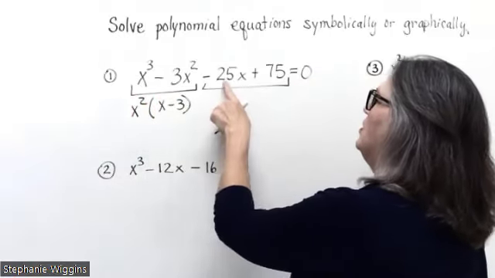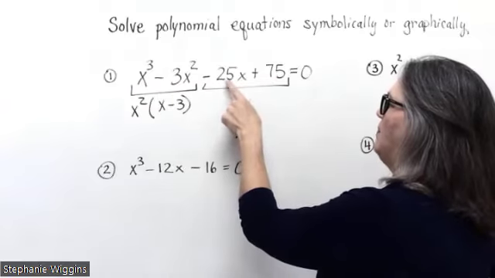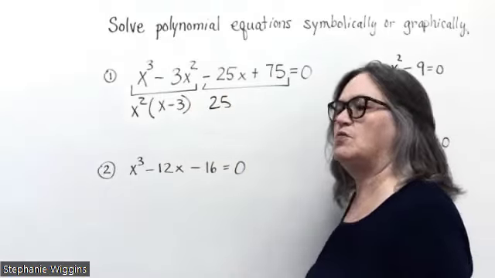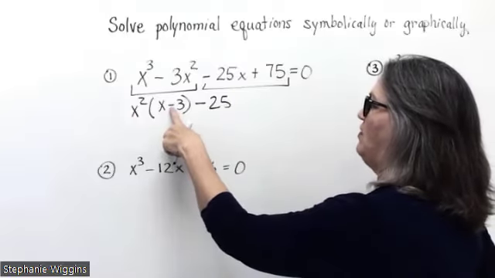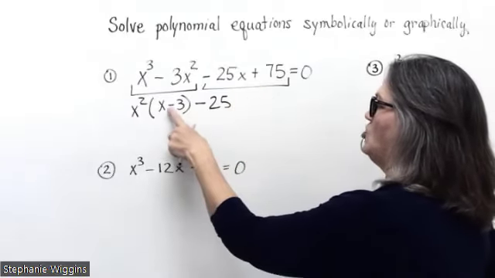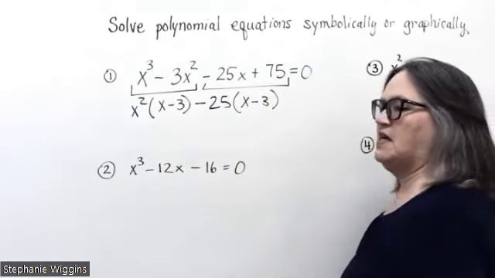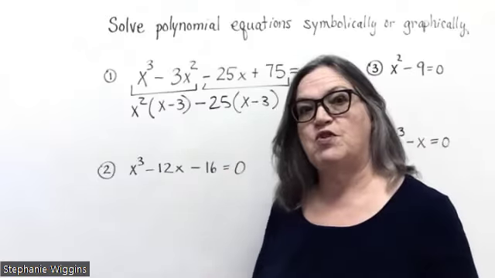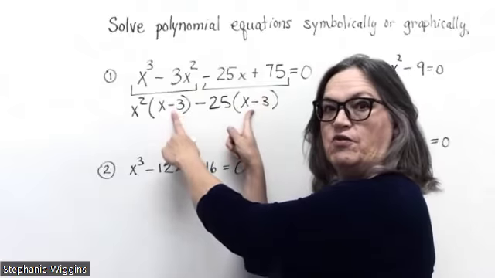And here, notice that both terms have 25 in them. So I'm going to pull out a 25, but I actually want to pull out the negative as well, because I have a negative here and a plus here. I want to be able to have x minus 3, because factoring by grouping only works if, after you do the first factoring of the groups, you get identical factors.